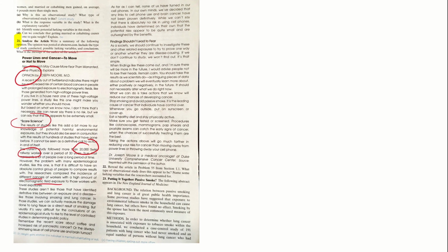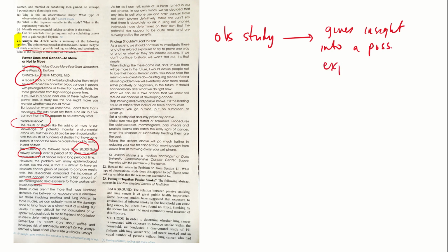For sure. So this right here is just an observational study. We're just observing things, and with an observational study, what we tend to do is we say that gives insight into a possible experiment topic.